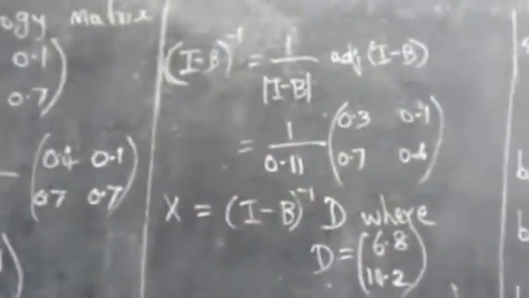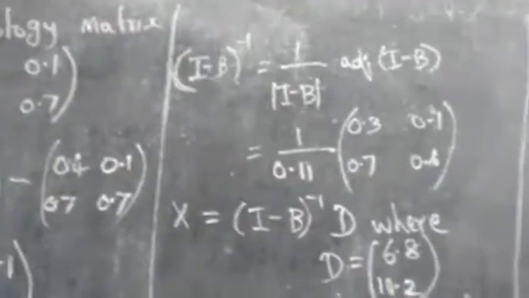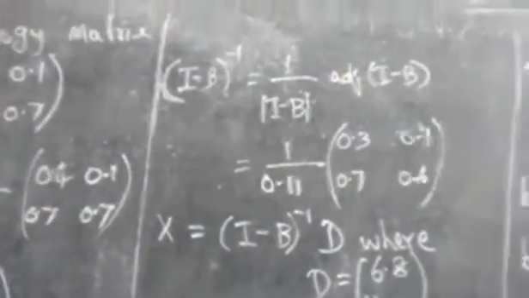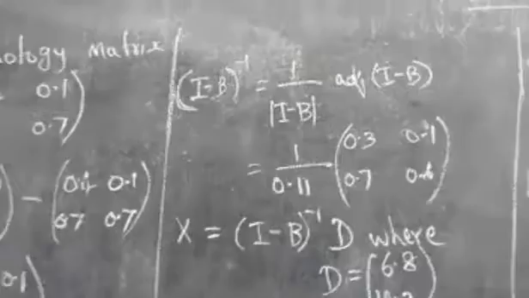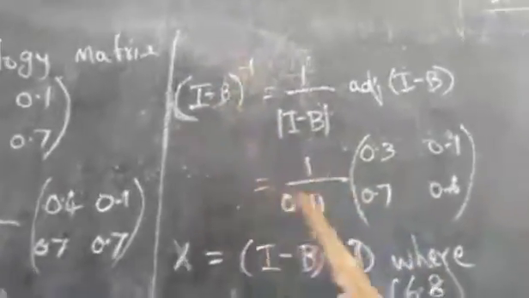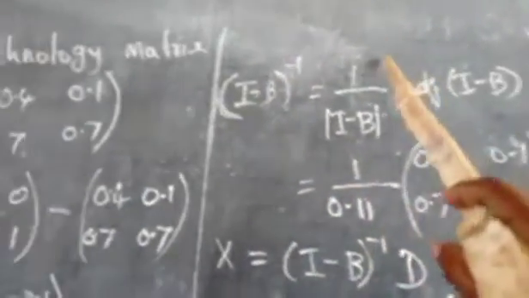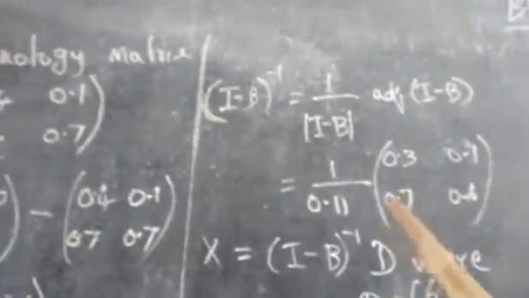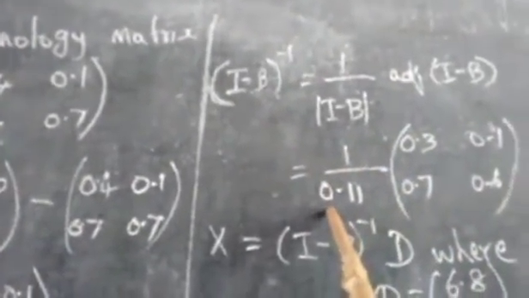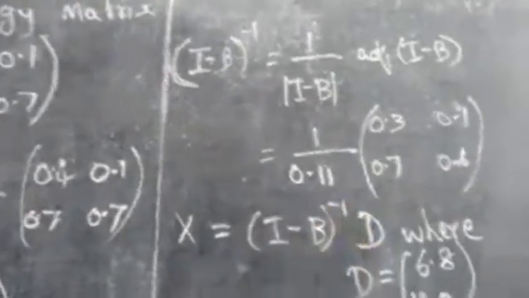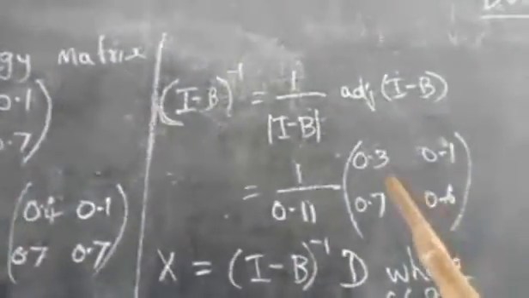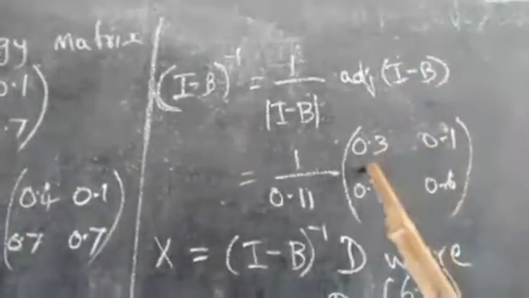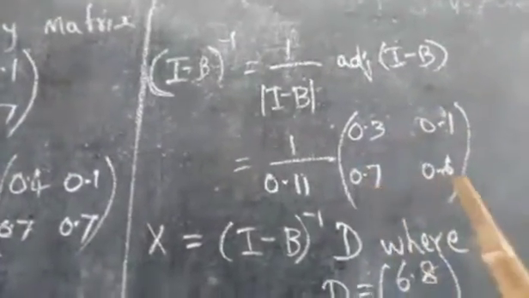Now we will find the inverse of I minus B. Whenever the determinant of I minus B is not equal to 0, only then can we find the inverse of I minus B. What is that inverse? It is 1 by the determinant of I minus B, times the adjoint of I minus B. So 1 by 0.11 multiplied with the adjoint: 0.3, 0.1, 0.7, 0.6.